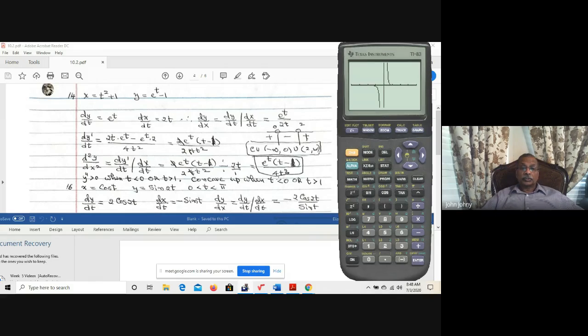This is e to the x times (x minus 1) divided by 4x cubed.